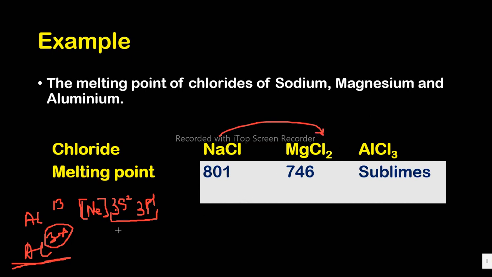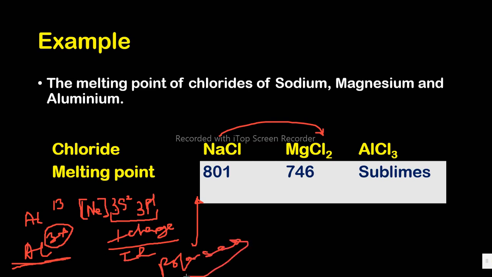So if you take the ratio of charge to ionic radius, the ratio is going to be bigger than these other elements. So what does that mean? It has a high polarizing power. It highly polarizes.